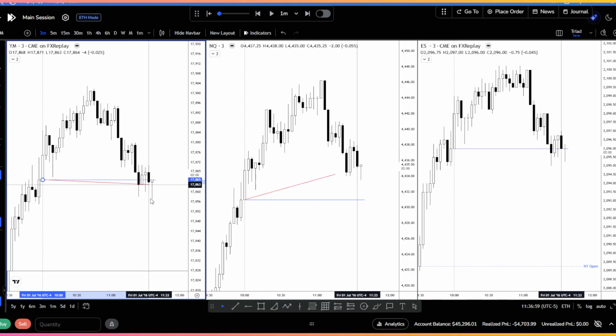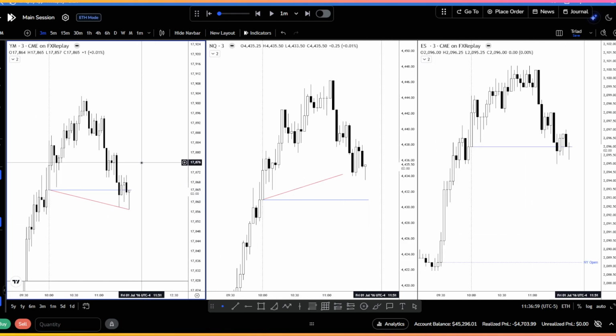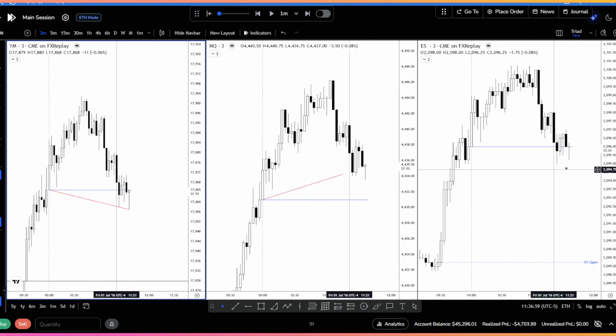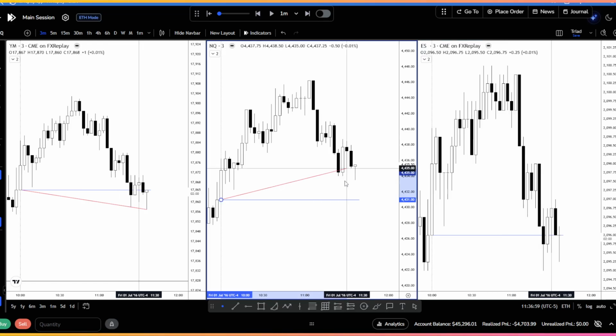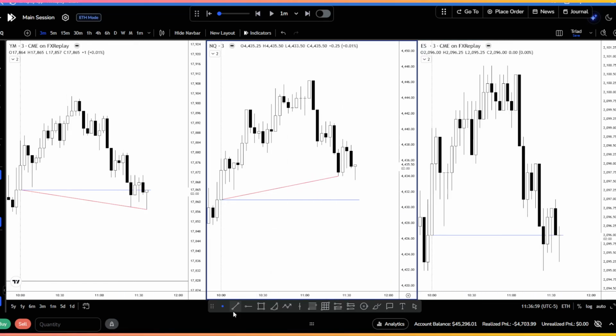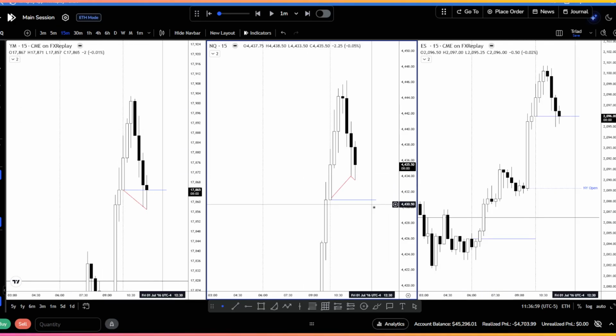Not a good price action. Sweeping again, SMT. Okay. So this and then this, right? Right.